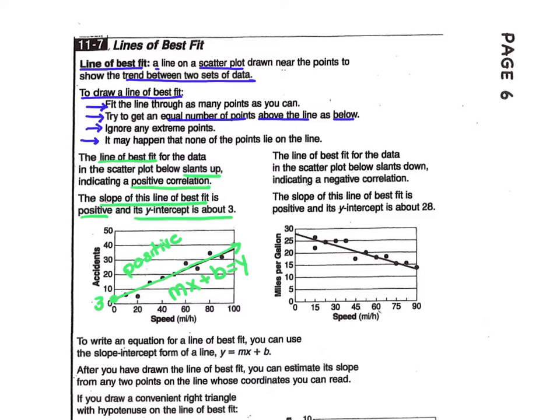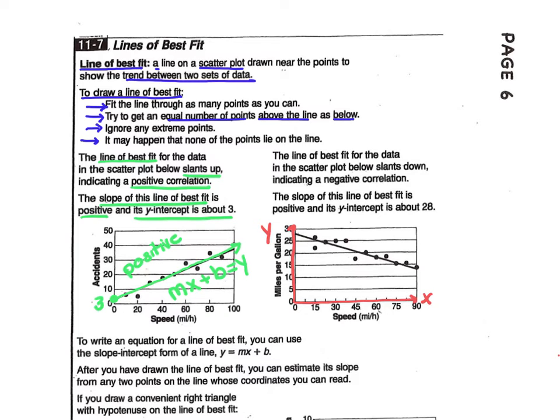Let's take a look at the scatter plot we've been given to the right. It looks at speed, that's your X value, and the miles per gallon, that's your Y value. And clearly, points have been plotted. Let's read.